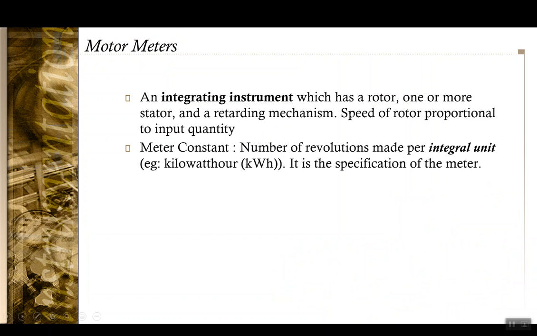And you have this concept of a meter constant, which would indicate the number of revolutions made per unit of the integral. That is, in the case of an energy meter, the number of revolutions per kilowatt hour, and that would be the specification of the meter.